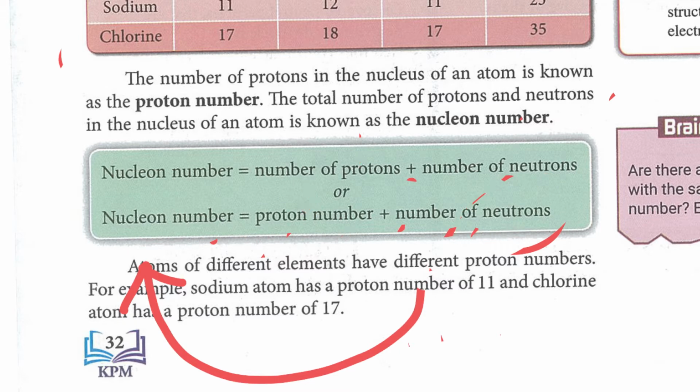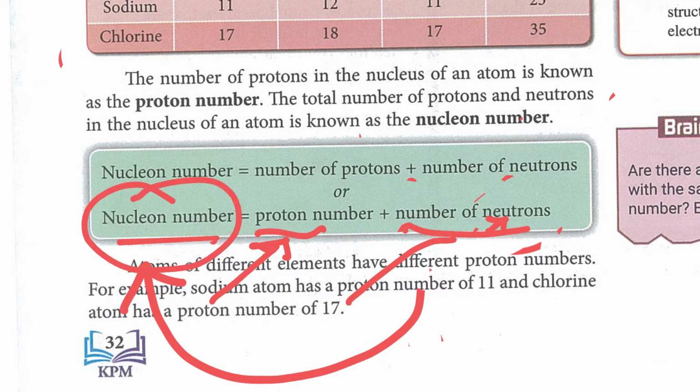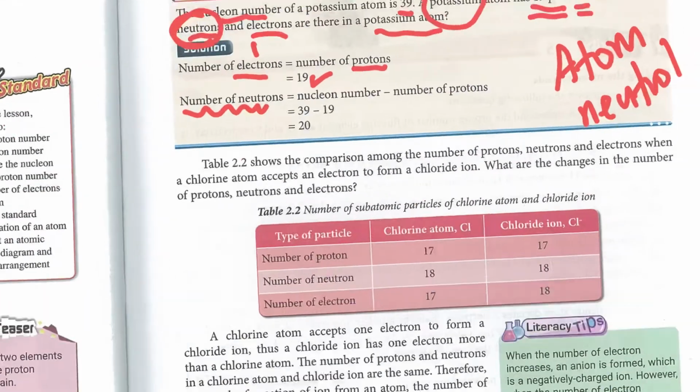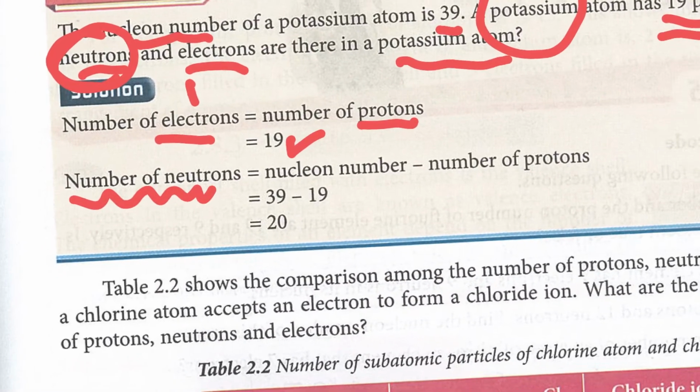I repeat myself one more time. Nucleon number is equal to proton number plus number of neutrons. So you find proton, you find number of neutrons, then you add them up and it will become nucleon number. Let us look at the solution over here.